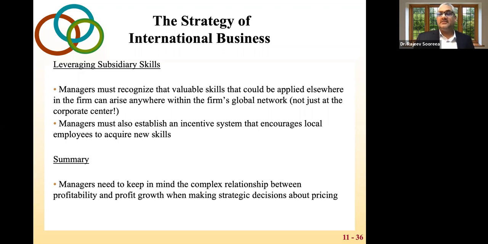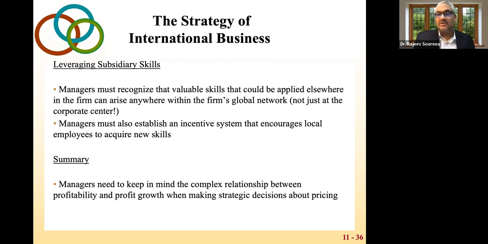That is, the learning that takes place at Apple in Beijing means those people have certain skills and knowledge that may not be available in the corporate center in San Francisco, right? So managers need to understand that.